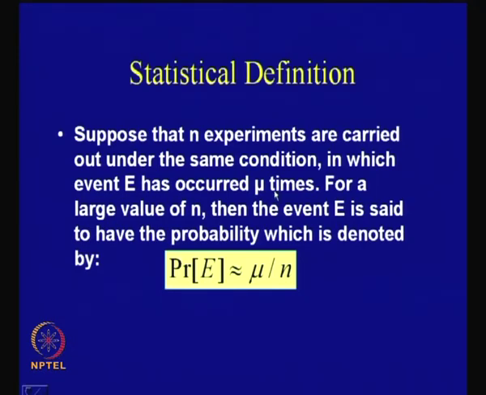Now why we require this statistical definition is something we can easily understand. For example, if I tell you that there is an unbiased coin, and that the probability of a head is half, that does not mean that if I toss the coin 2 times, then one of them will be a head.